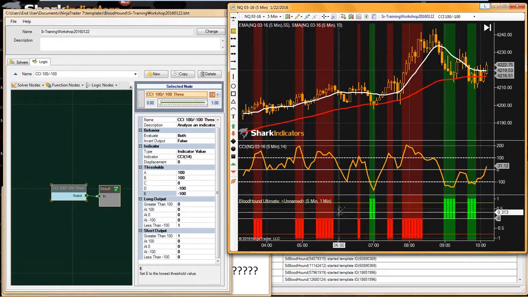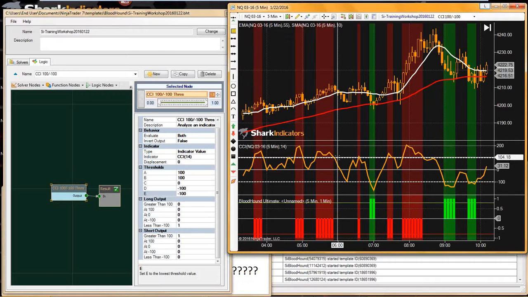Now you'll see there's a very clear, distinct output when the CCI crosses the 100 or the negative 100 levels. You'll also notice that there's a signal the entire time the CCI is above or below those levels. Every bar that's above or below those levels has a signal.